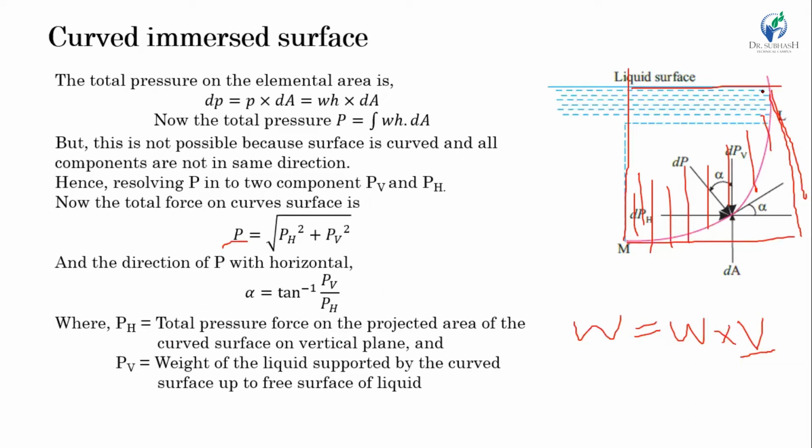By considering the projection of the curved surface on the vertical surface, you can calculate the CG, which may be here. Then you get the center of pressure C underneath the CG. By this way, you can calculate the total pressure force, the location of the pressure force, and the inclination or angle of this force acting on the curved surface.